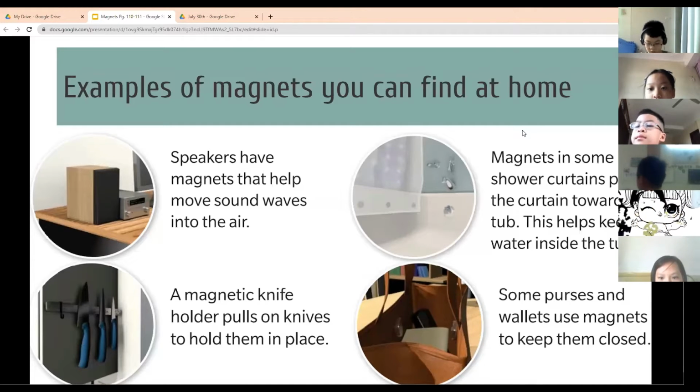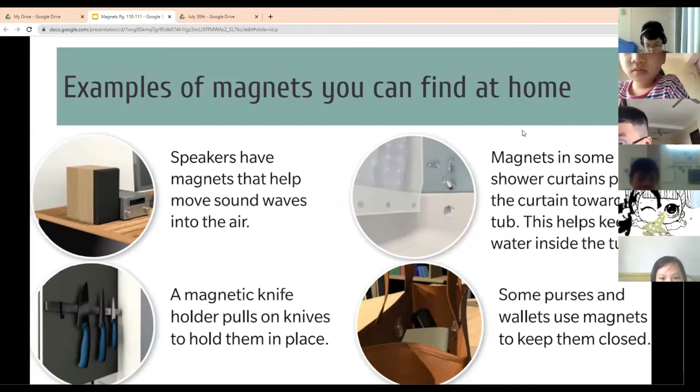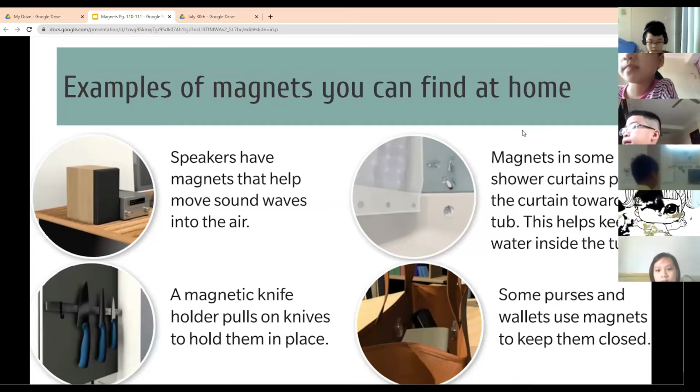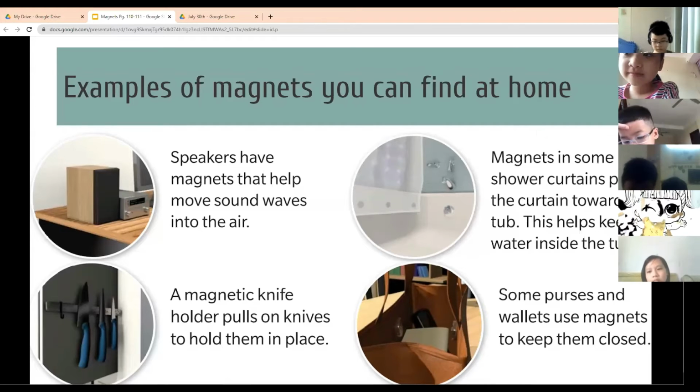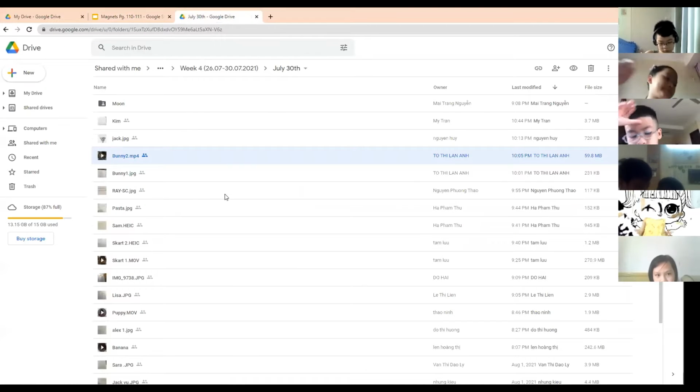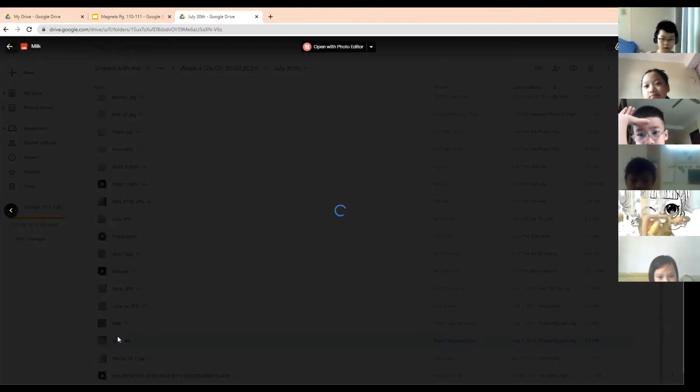Very good. Speakers. And Milk, what example of a magnet did you find in your home for homework? Were you able to find a magnet? Let's see what Milk found.